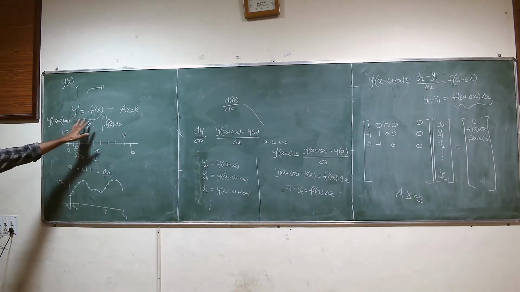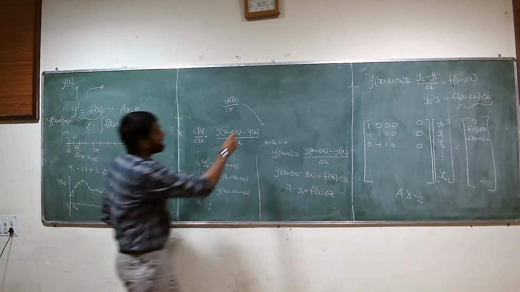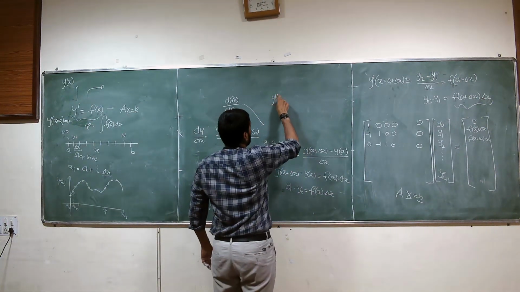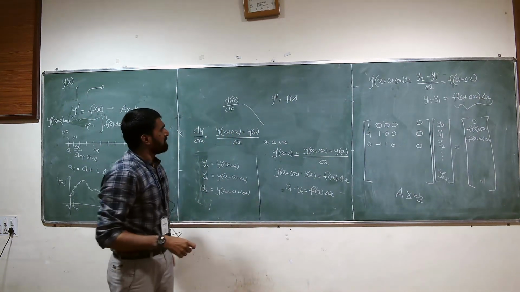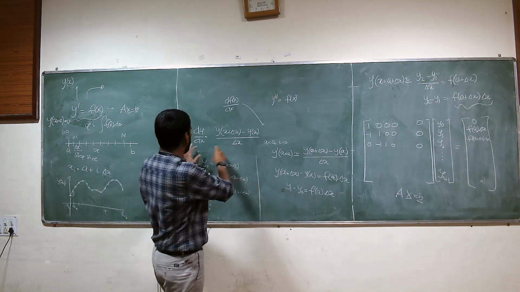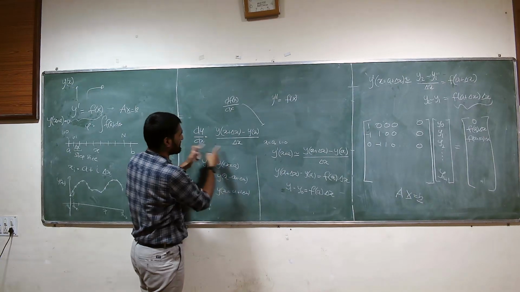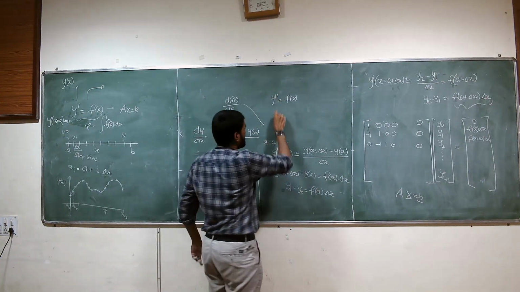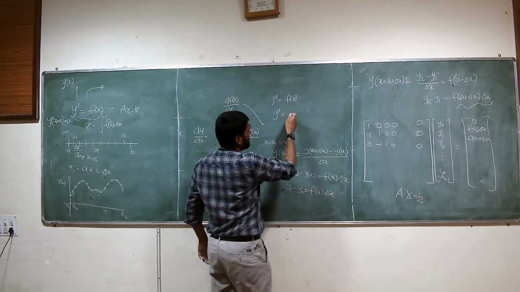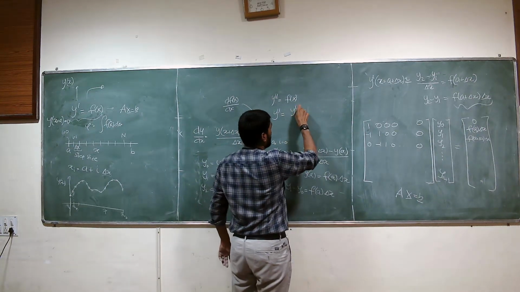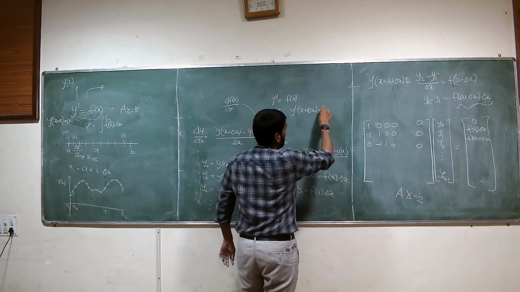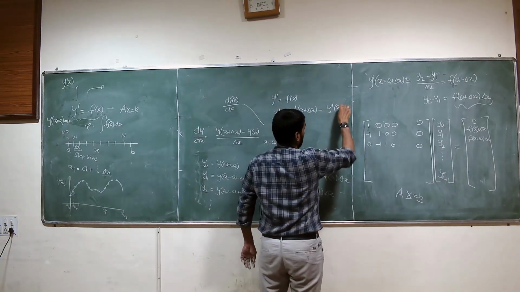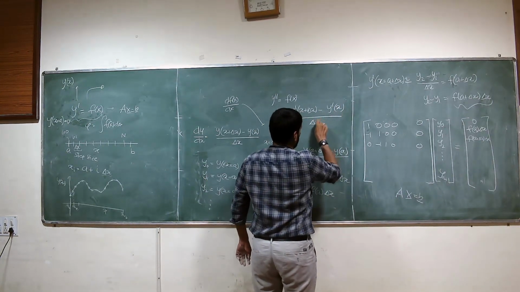This is for the first derivative. What if you had something like this? Well, we can take the same approach. If the first derivative of y is approximated like this, then the second derivative of y maybe can be approximated as the value of the first derivative at x plus delta x minus the first derivative at x, divided by delta x.